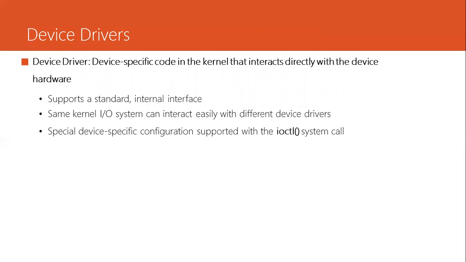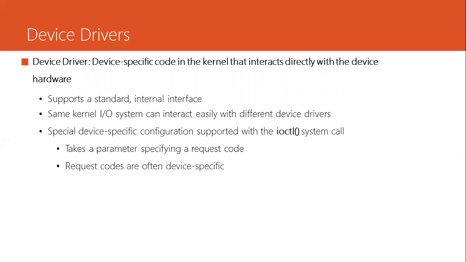It takes a parameter specifying a request code. The effect of a call depends completely on the request code. Request codes are often device specific. For instance, a CD-ROM device driver can instruct a physical device to eject a disk by providing an ioctl request code to do that.